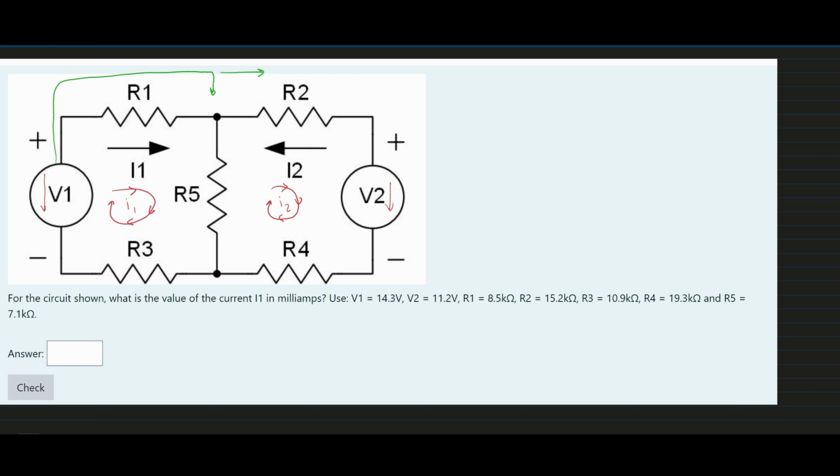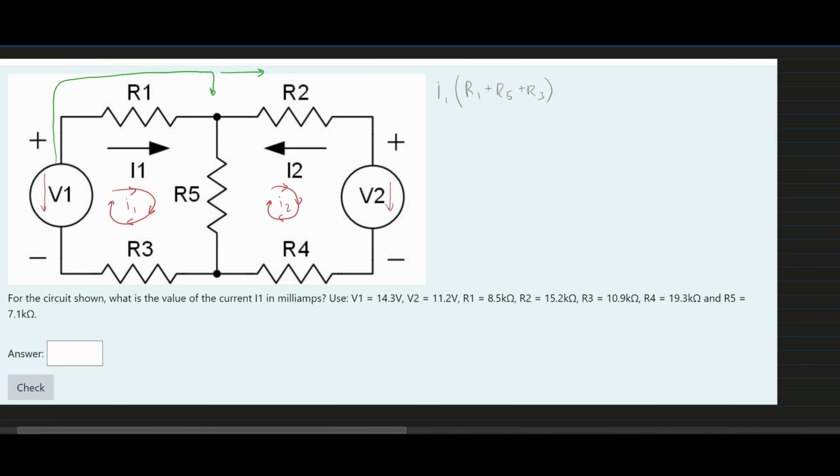Now, for mesh current, we are first going to take a look at our current. So we have our I1, and I'll write this in a different color. Inside of here we're going to have parentheses, and we're going to add up all of our resistors that are connected to it. So we have R1, R5, and R3 all in this path.